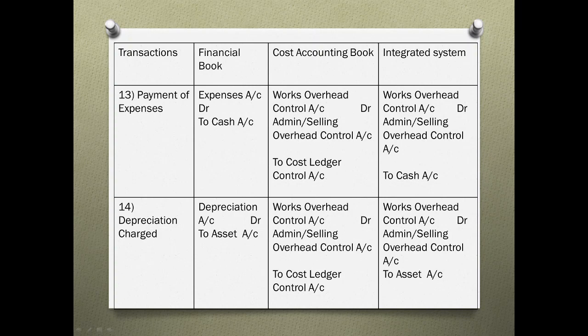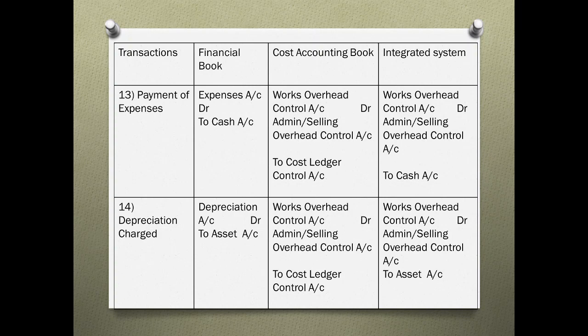Depreciation entry. When depreciation is charged, depreciation is your loss. All losses are debited. Under the financial book the entry would be depreciation account debit to asset account. Remember, depreciation is a non-cash item, so money is not going out. Please don't assume cash is going out. It is charged on an asset.